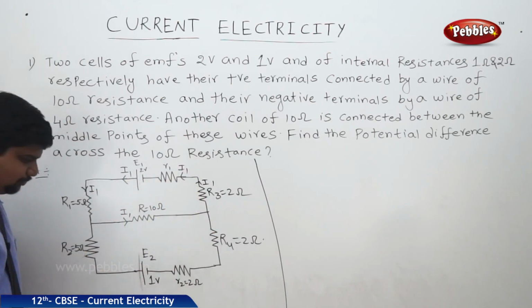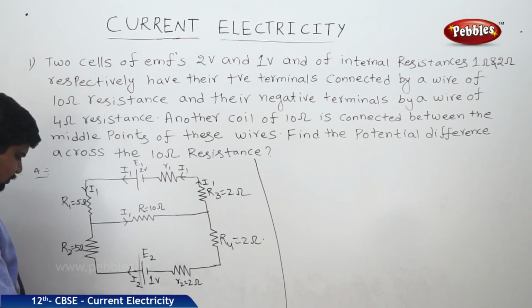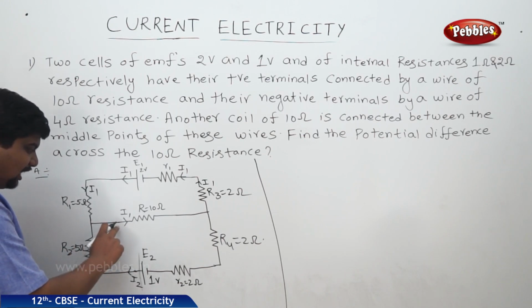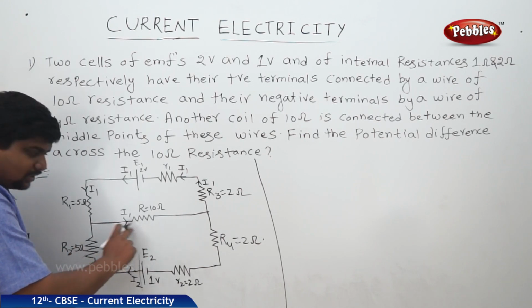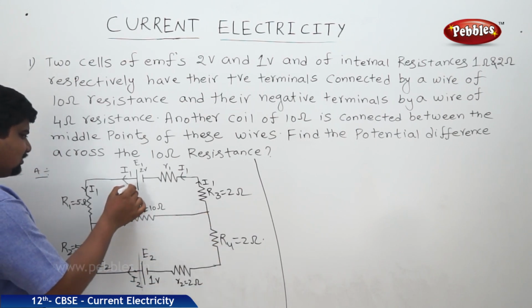See the E2? The positive terminal is here. That means here it is E2, I2. Through R2 also it is I2. And this is the common junction, right? I2 also transfers in this direction like this. So let me draw the direction of I1.